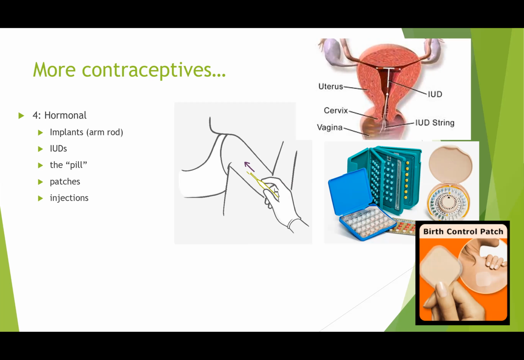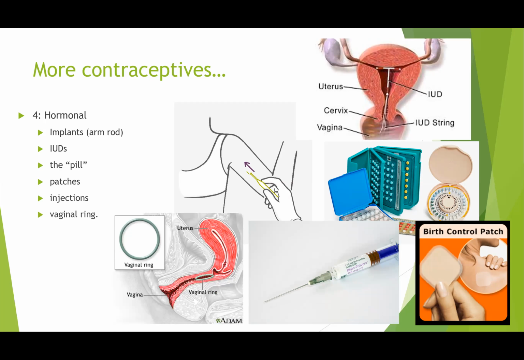Then you got injections, which is pretty self-explanatory. It's just hormonal injections, I think every few months, maybe 3-6 months. And then finally you got the vaginal ring, and it's literally a ring, and it goes right in there underneath the cervix. So yeah, those are hormonal contraceptives.